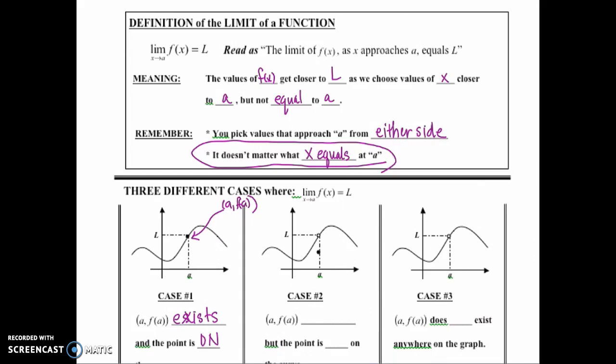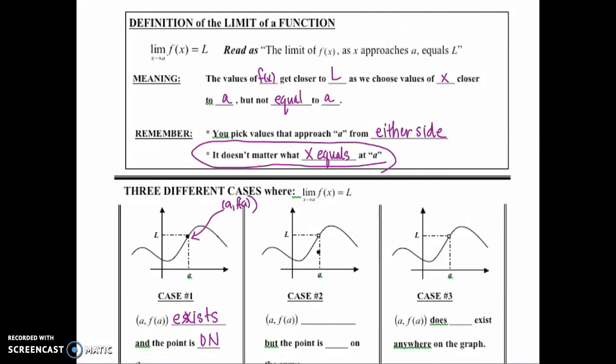Now here's case 2, and we see this quite a bit when we're working with limits. This is where it doesn't matter what x equals at a. Here we have that same curve, but this time there's a little hole in the curve when x is a, and then there's a solid dot below the curve. That's what the function equals when x equals a. So this would be some sort of piecewise function, right?